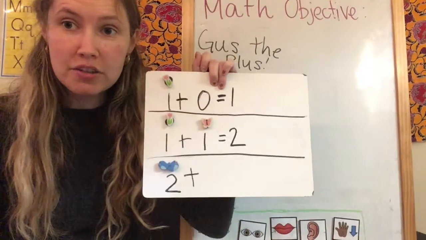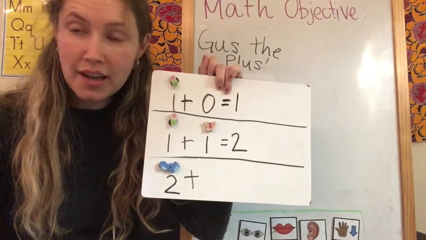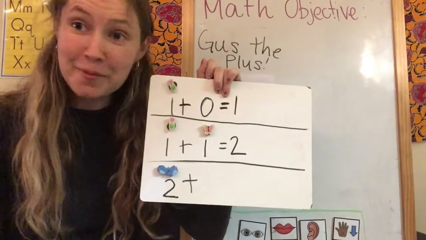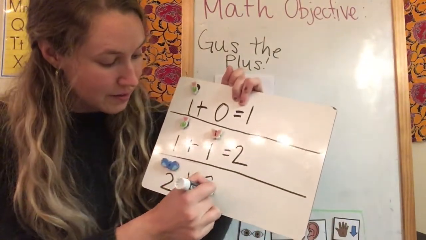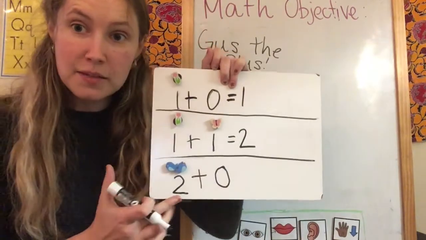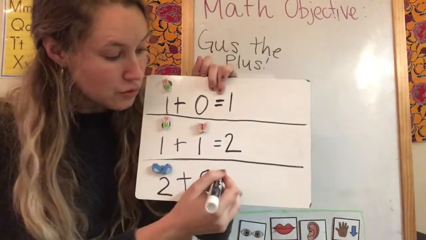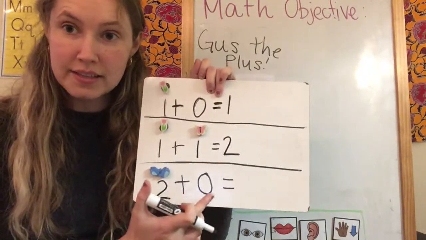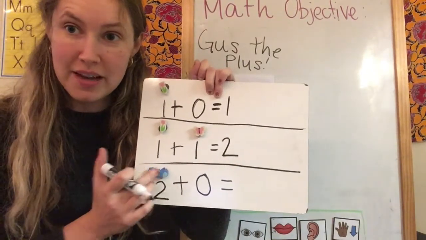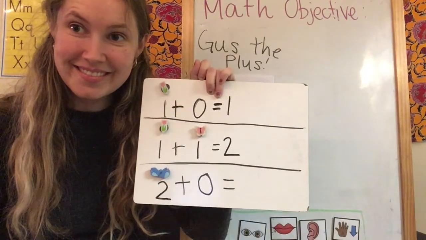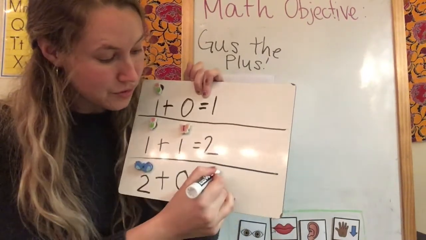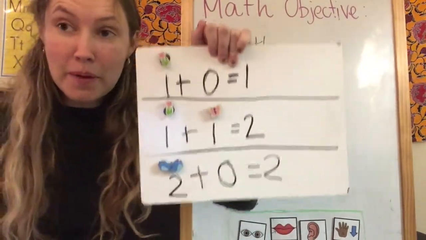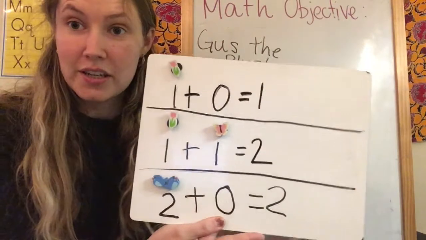So what number do I need to write to show nothing? That's right, a 0. I need to write a 0. Now, Gus brought these numbers together. So now we want to show what they're equal to. 2 plus 0 equals, how many do we have? 2 equals 2. Wow.